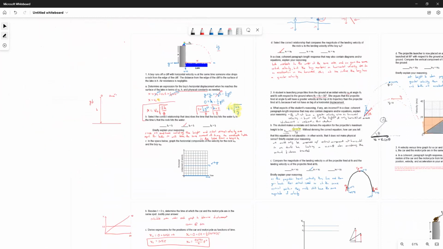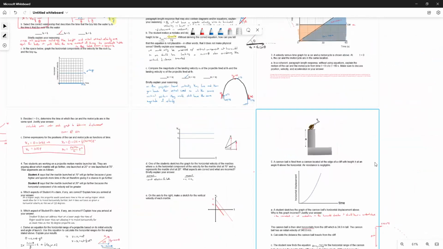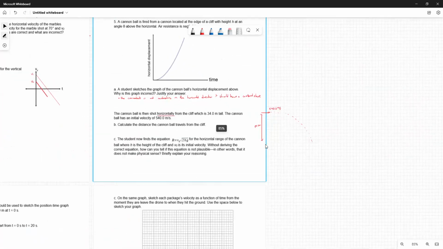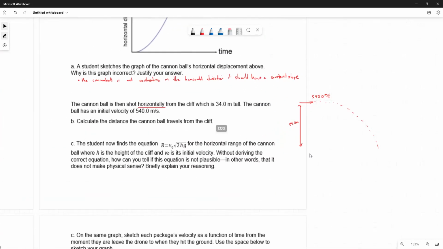This is my range equation: v0 times the square root of 2h over g. I'm going to use that equation for this, and I'm not going to bother to derive it again. So that distance from here to here is x equals v0 times the square root of 2h over g.